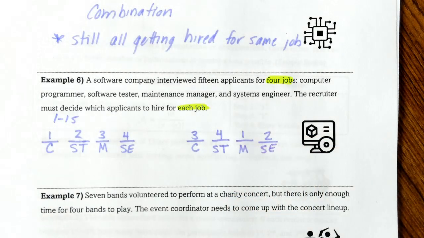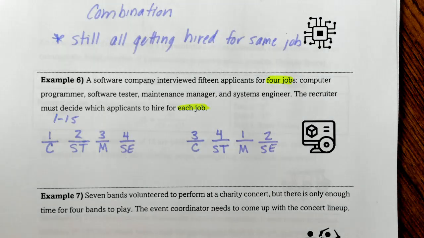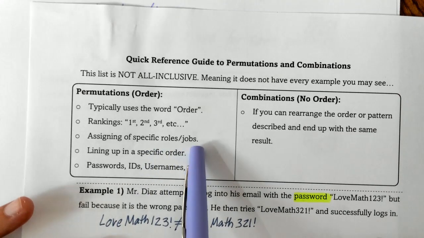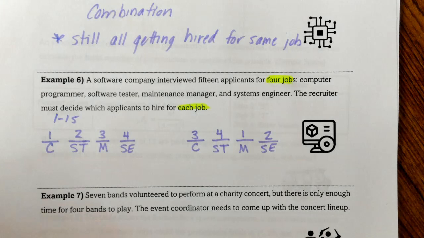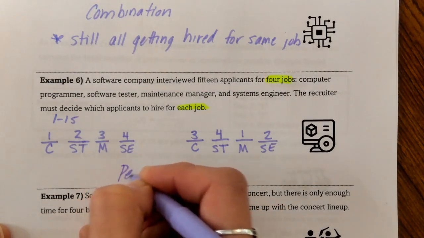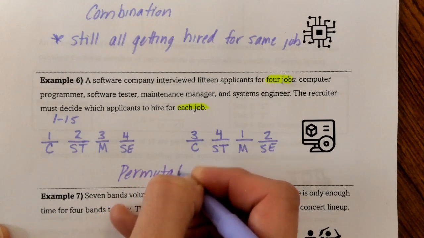What we need to see here is that out of these 4 people they choose, we're assigning them a specific role. And we looked at the previous page right here, specific roles or specific jobs. Okay, this is going to be a permutation. So it matters which order we hire them in. So we got permutation.